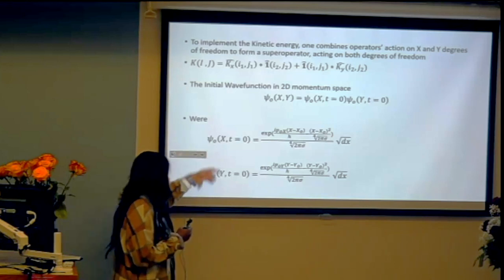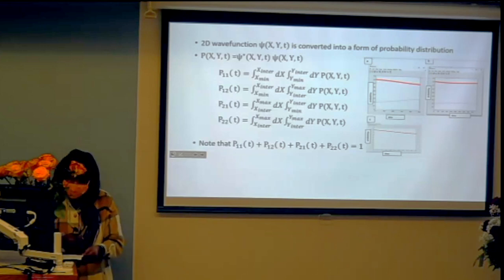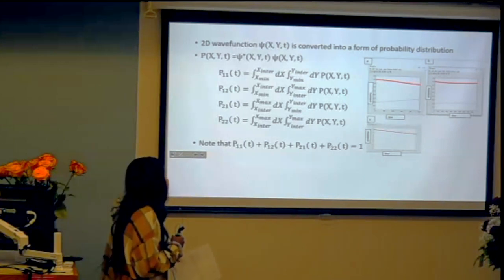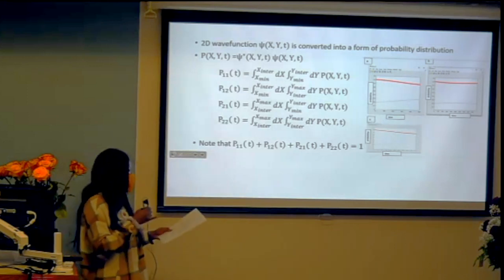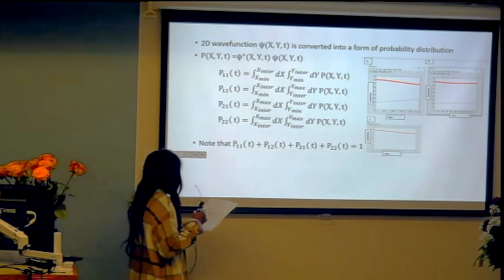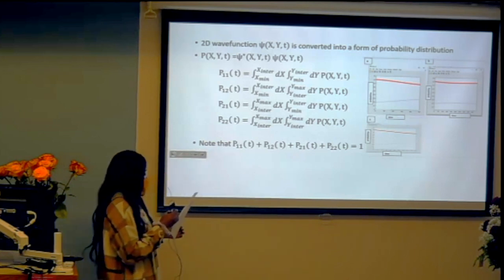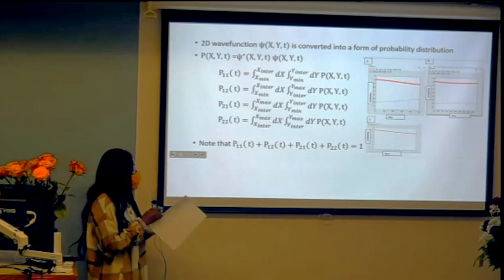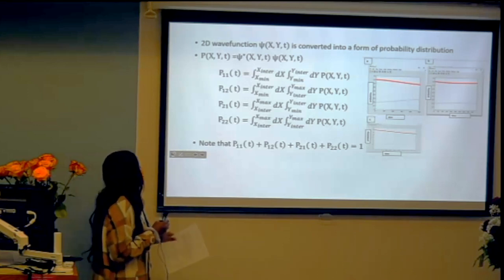Then the wave function is converted into a form of probability distribution by taking the integration of that distribution in terms of the coordinates x minimum, x maximum, and the intermediate x interval, for y interval, y minimum, and y maximum.